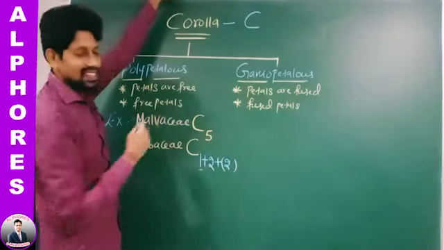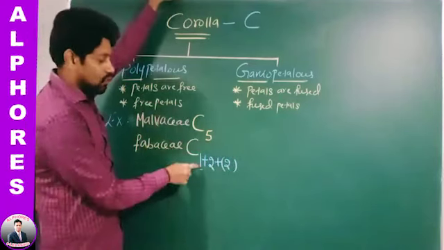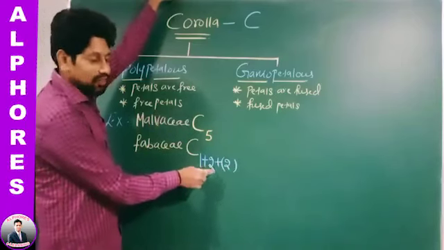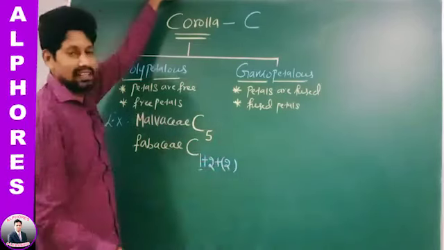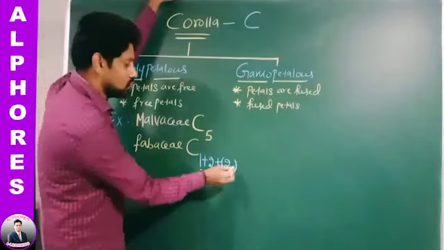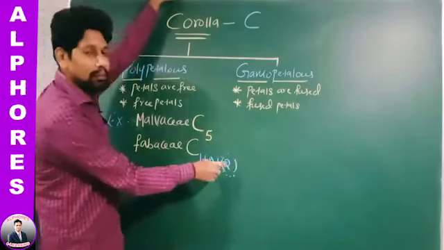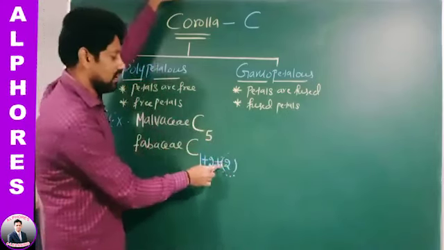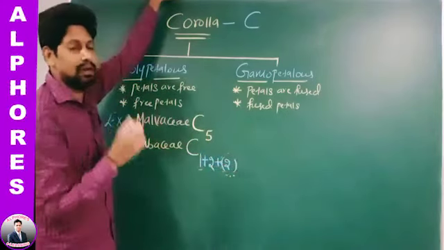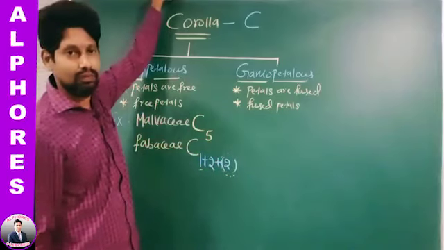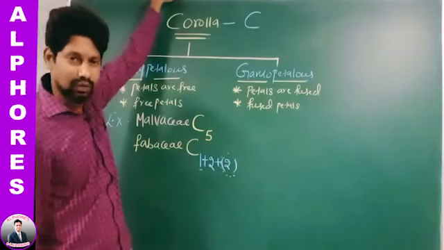In these 5 petals, 1 is a standard petal, 2 are wing petals, and 2 are keel petals. These 2 keel petals are partially fused. That's why I kept these 2 inside the brackets.